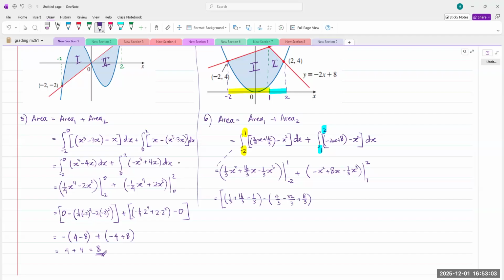Yeah, negative 2 cubed is negative 8, together with this negative here becomes positive 8. Now that's for the first group. For the second group, when x equals 2, that will be negative 4 plus 16 minus 8/3, minus when x equals 1, negative 1 plus 8 minus 1/3.